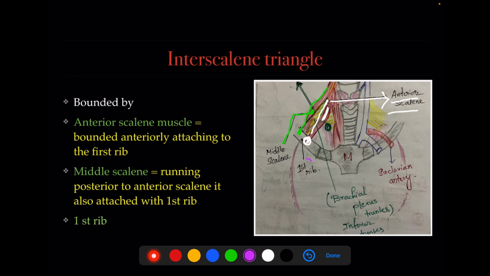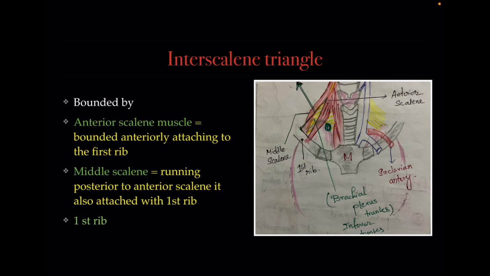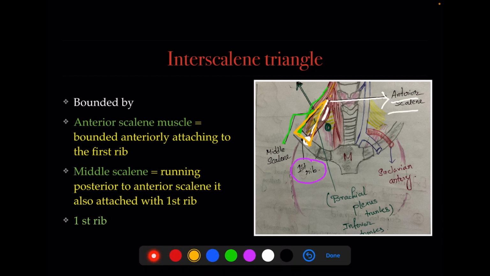And the third boundary is the first rib. It is at the base of the triangle between the anterior scalene muscle and the middle scalene muscle. Now let's see, a triangle is forming here and it's bounded by these three.